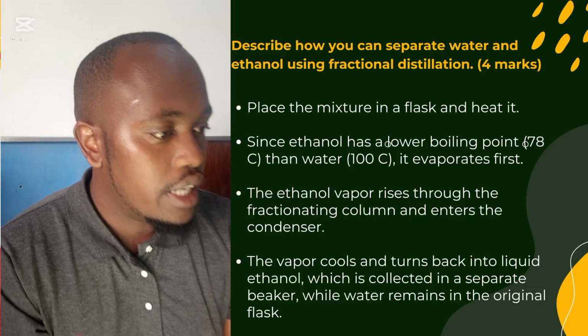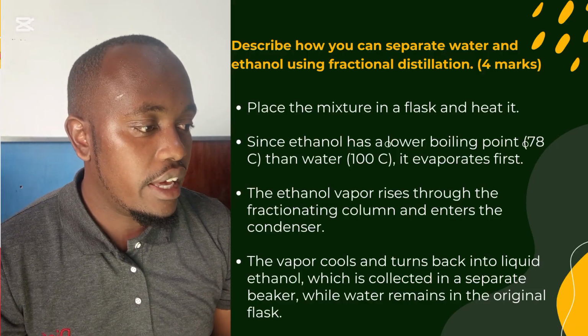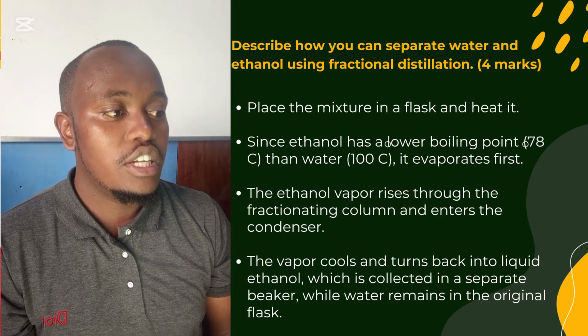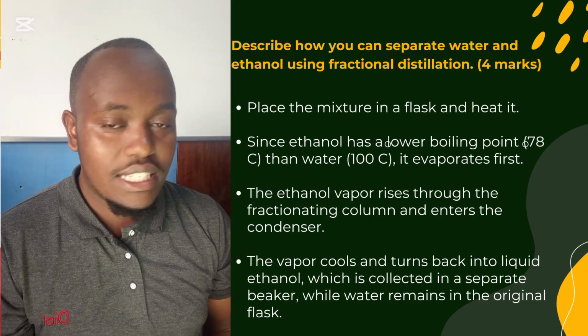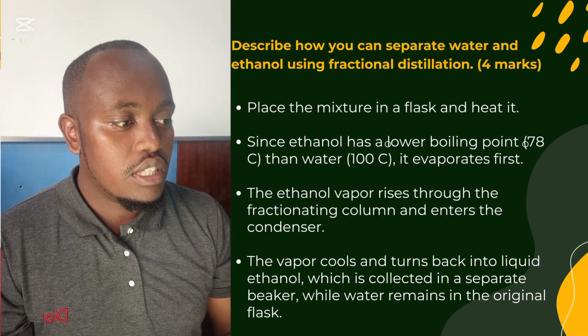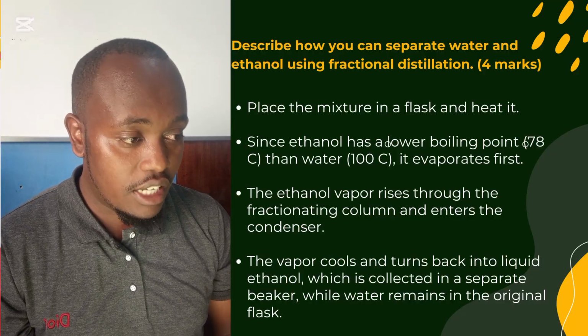You have 4 marks, so you have to really elaborate well. The first step to gain the first mark is to place the mixture in a flask and heat it. So you are placing the mixture in a flask, of course in the fractional distillation setup.